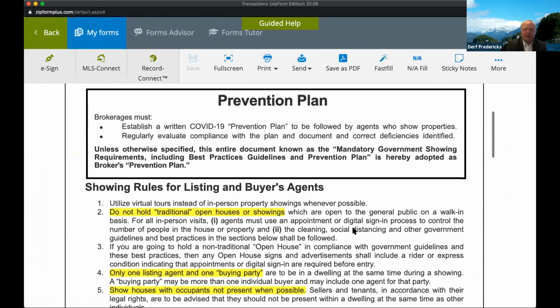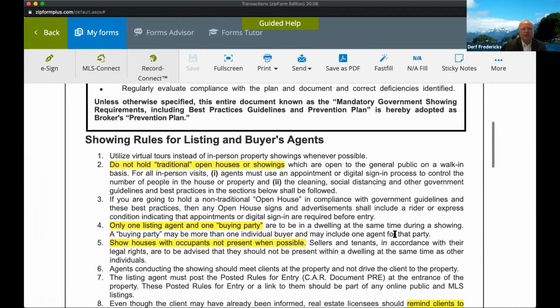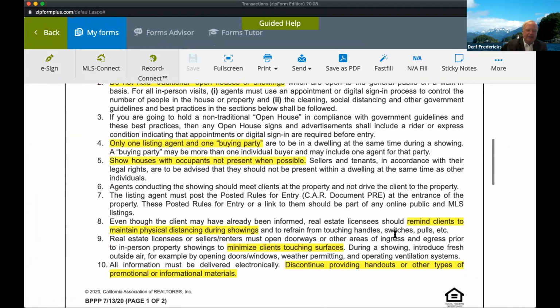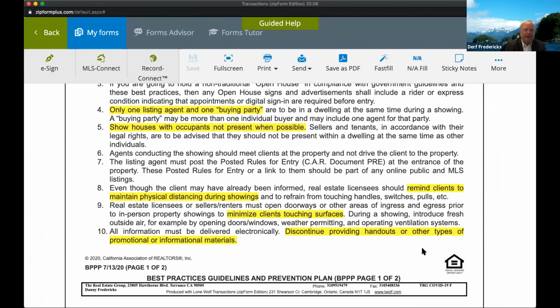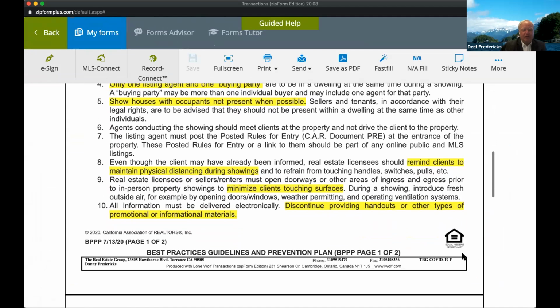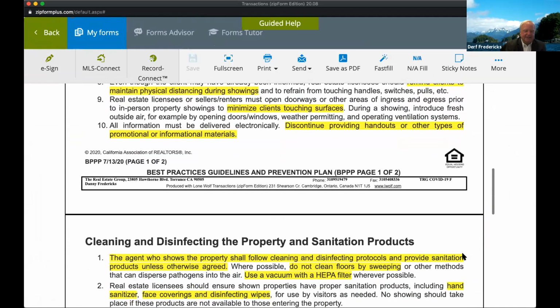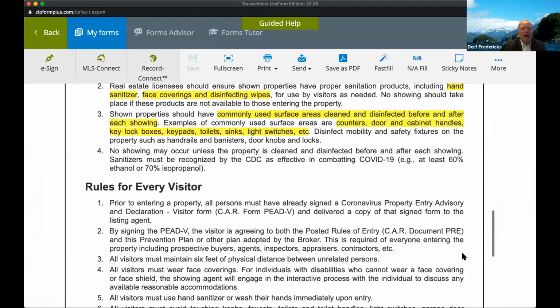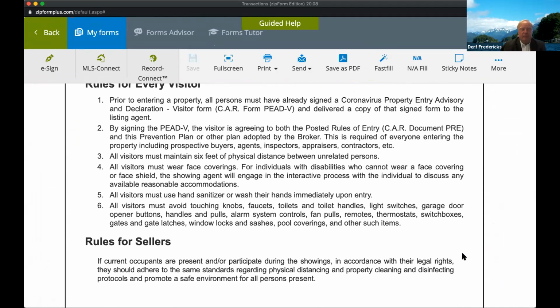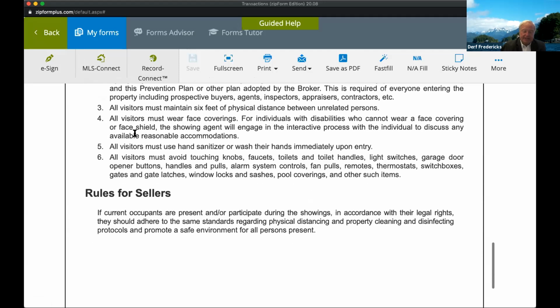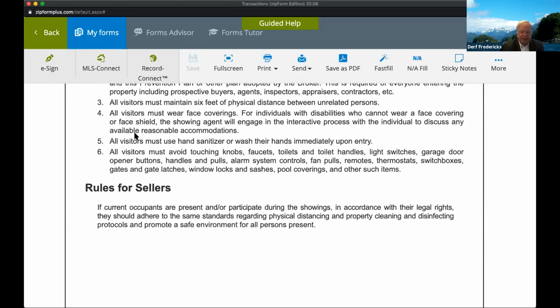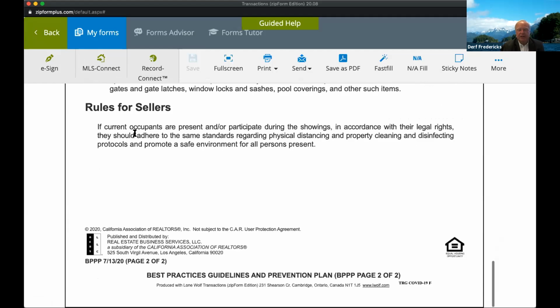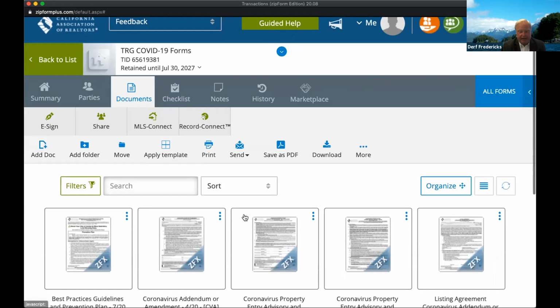And again, just as a review, that gives you all the rules for the listing agent and the buyer's agent. It states that the property needs to be clean, don't touch anything, wear a mask, wash your hands, etc. In addition, when you're dealing with the seller, as stated in this best practices, the listing agent is also responsible to post 2 signs on the property.